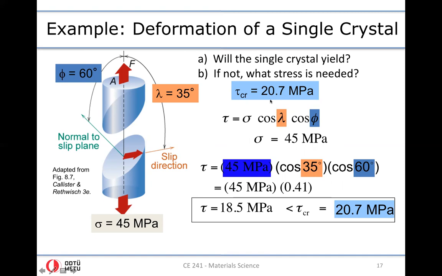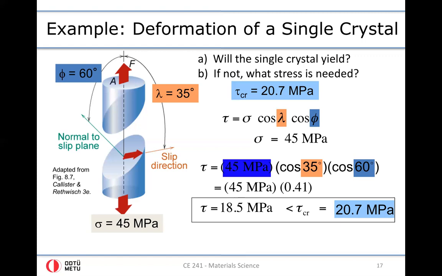That is, if you wish, the yield stress or yield strength of the slip system we have here. Therefore, since 18.5 megapascals is smaller than the critical resolved stress, which is equal to 20.7 megapascals, this normal stress will not be able to generate the slip or activate the plastic flow in the material.